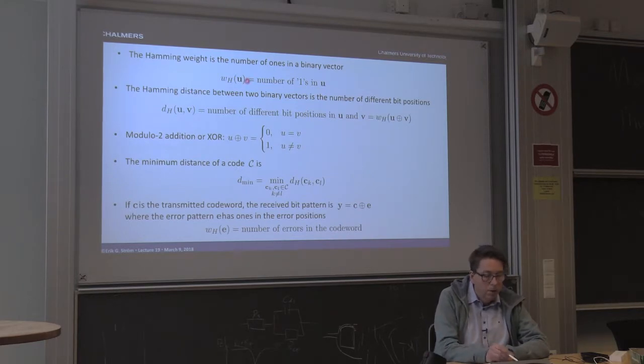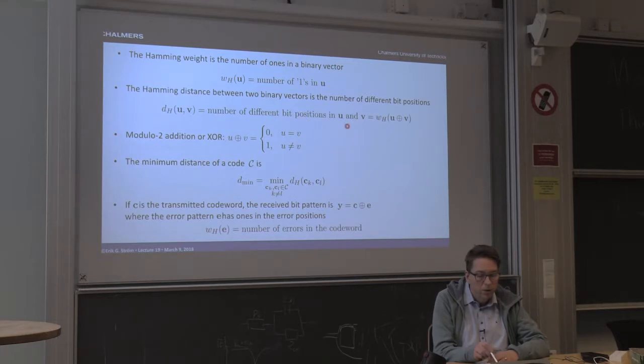Hamming weight is the number of ones in a pattern. So the Hamming weight of U is the number of ones in U. Hamming distance between two binary vectors is the number of bit positions where these are different. So the Hamming distance between U and V is the number of bit positions that are different in U and V. And we can calculate that by taking the Hamming weight of U plus V, where plus here is binary addition, or XOR, or modulo 2 addition.